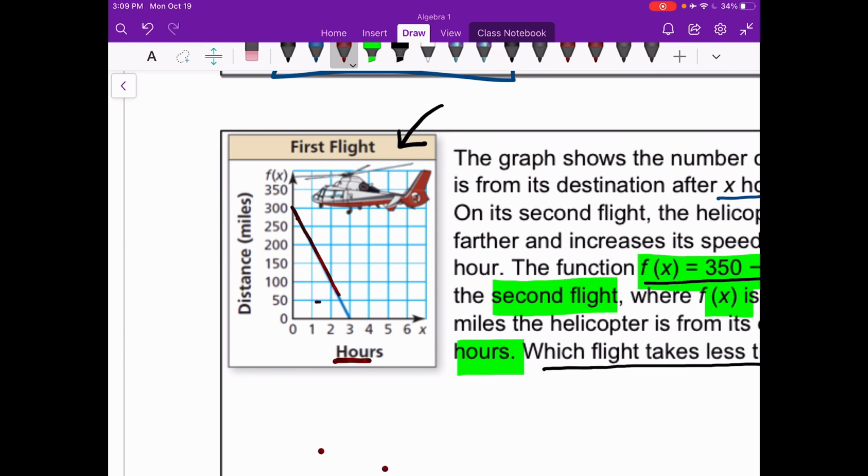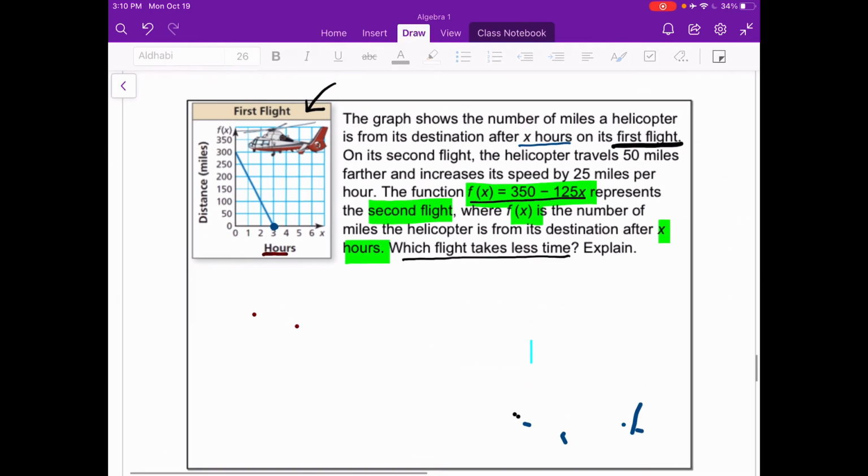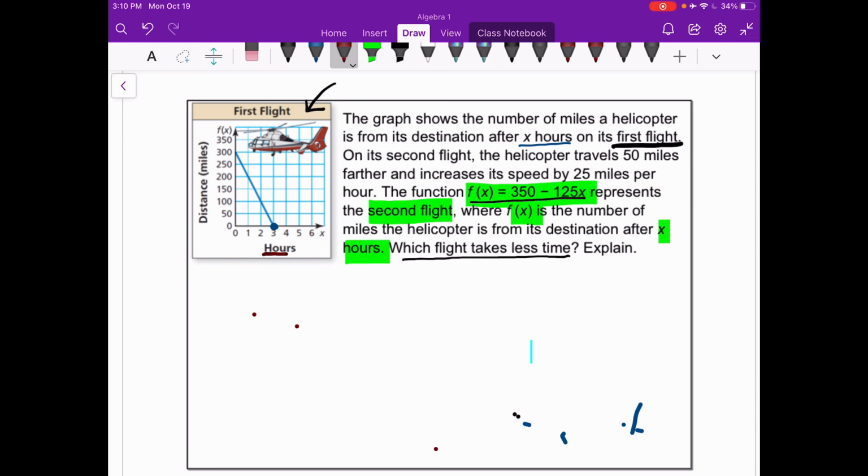Notice over here, for an example, the helicopter is 50 miles away from the destination. So we know that it is decreasing that distance, and by 3 hours, we are at the destination for the first flight.